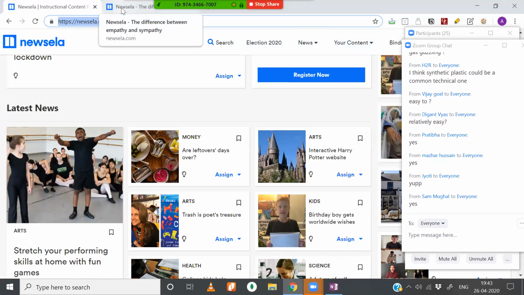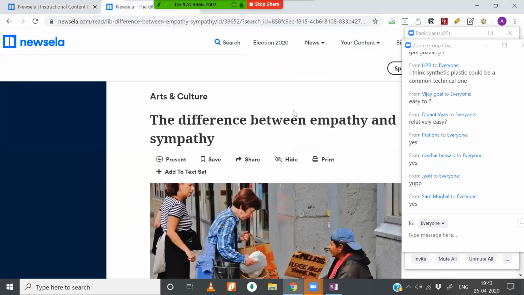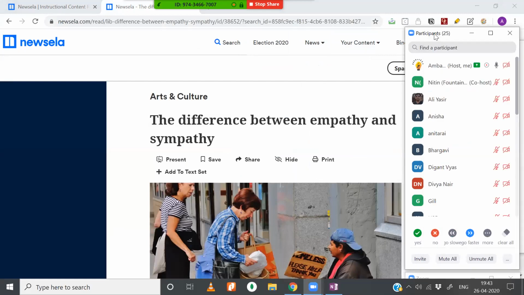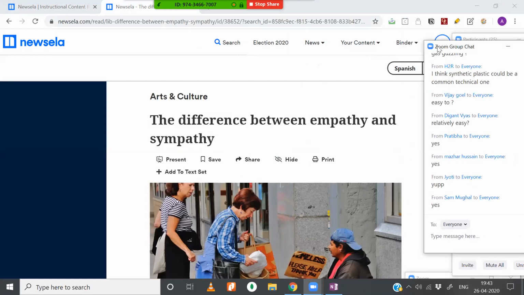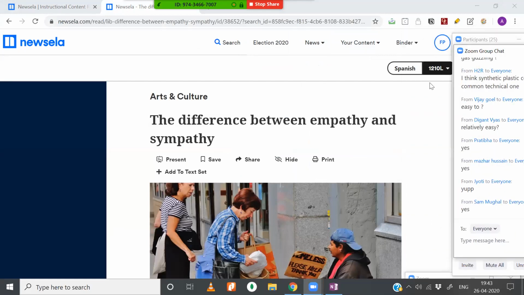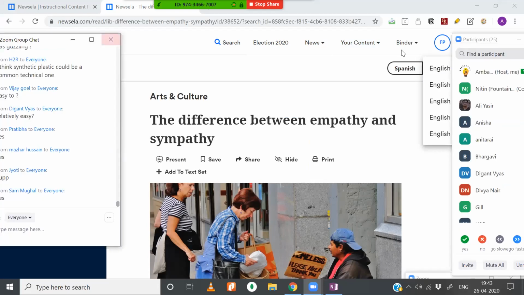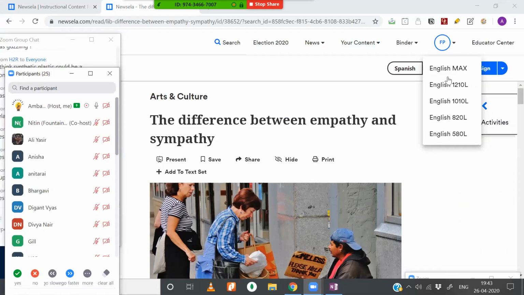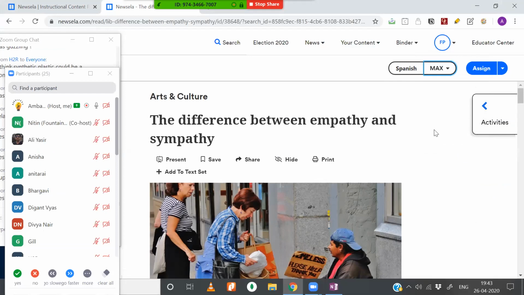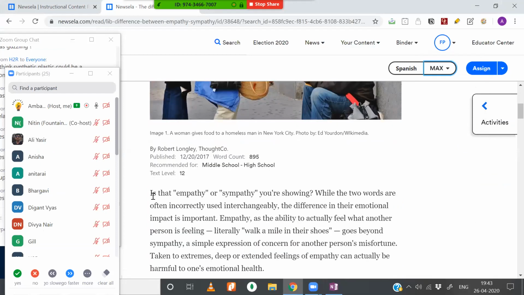Once you select an article, for example this particular article, you will see something called a lexical level. Right now the lexical level is set at a very high level, so you will see a lot of complex sentences.